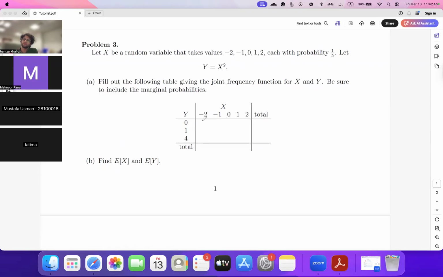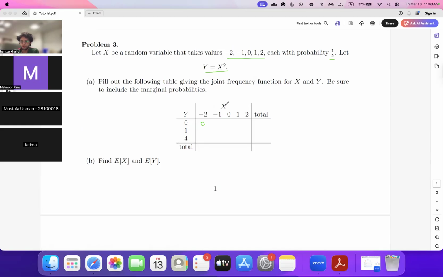Let me explain the question first. You have a random variable X which takes on these values, each with probability 1 by 5. Then you define another random variable Y which is just the square of X. Now I want to find the joint probability mass function.